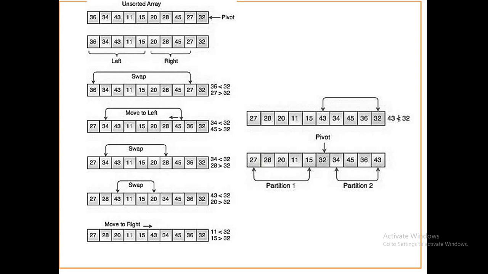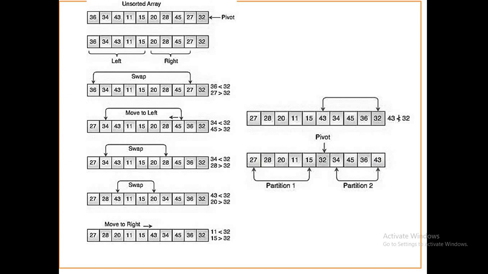Here the left condition is true, and the right condition is false, so we are moving the pointer towards the right, and in this manner the element is then compared with 43, and as 43 is not lesser than 32, both 43 and 32 are swapped, and now the pivot element is brought into the center place in such a way that the elements to the left of the 32 value are lesser than 32, and the elements to the right of 32 are now greater than 32.